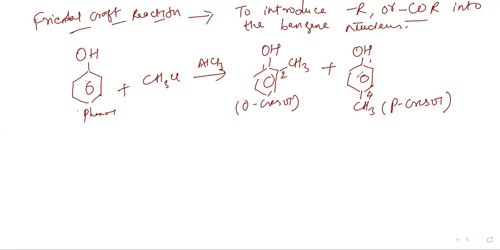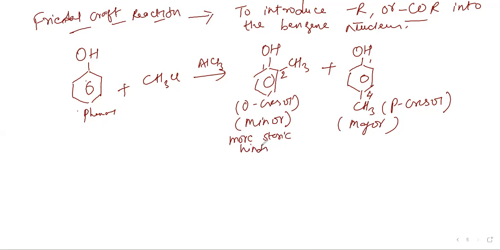And which one of these would be in the major quantity? This para isomer would be in the major quantity, and this ortho isomer would be in the minor quantity. What is the reason? We have gone through the reason before. The ortho isomer has more steric hindrance.